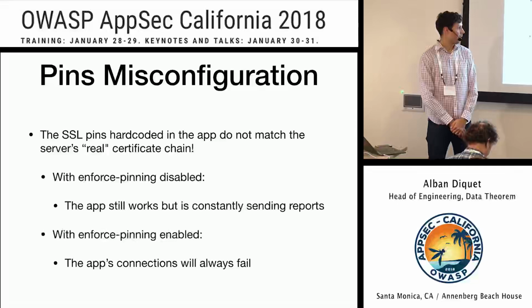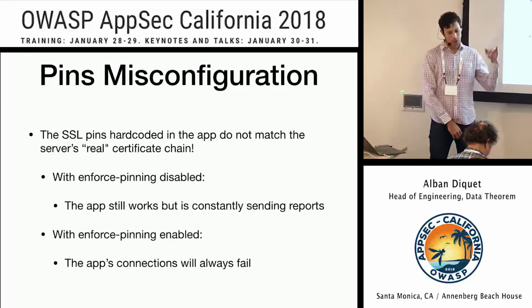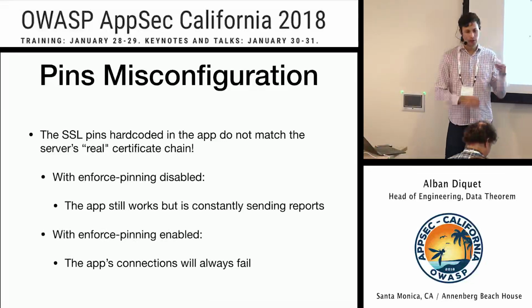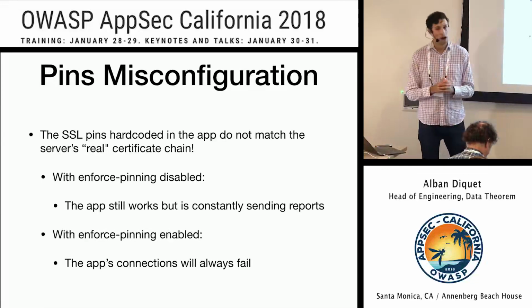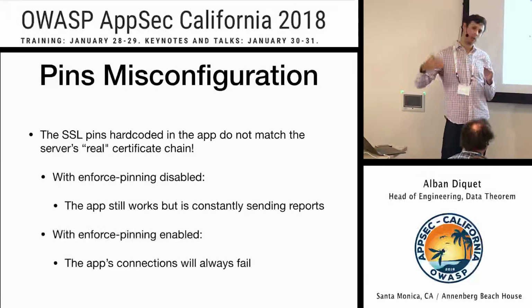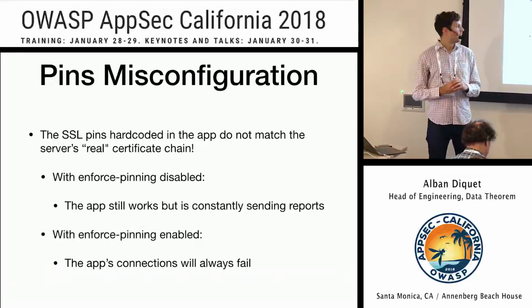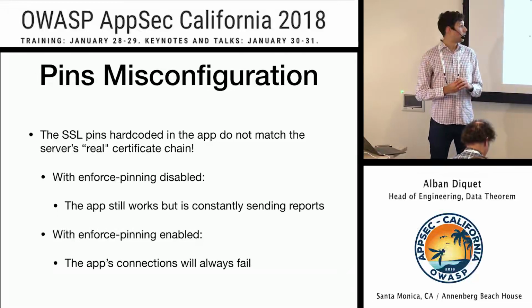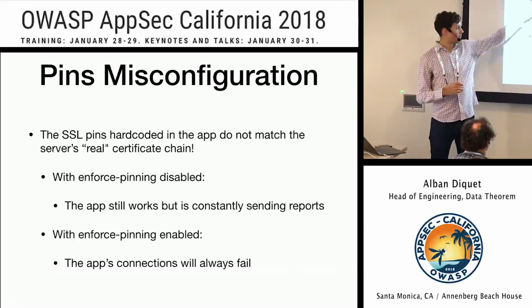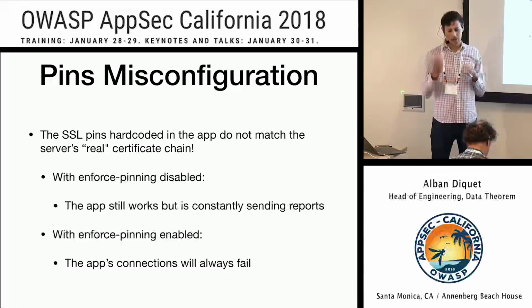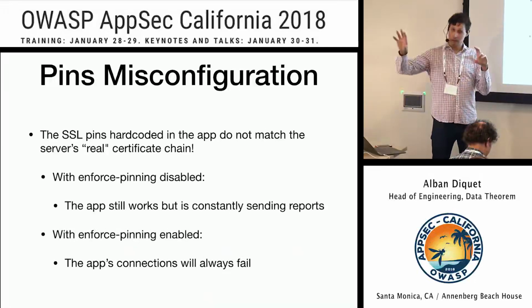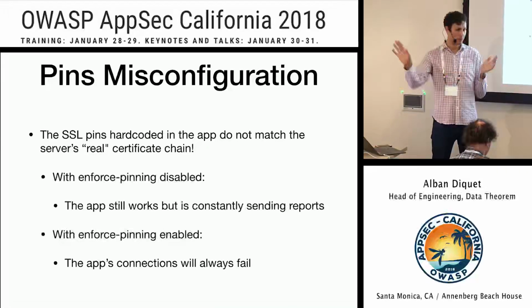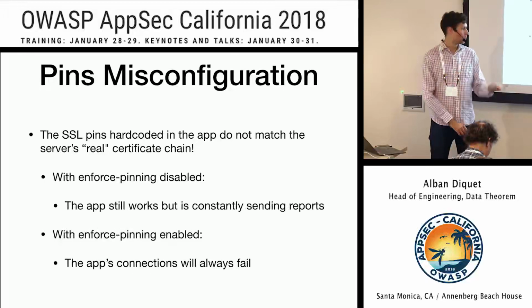When you use TrustKit, you can decide if you want a pinning failure to be a hard failure, where the connection just gets canceled, or if you still let the connection go through. If you haven't enabled enforcement for pinning, your app still works, but it's sending tons of reports, because every time it's connecting, the pin it's expecting isn't there, and it thinks the server is wrong. So we get lots of reports.